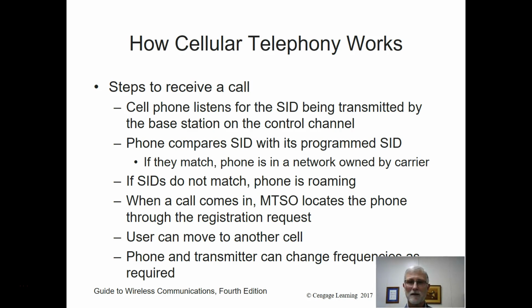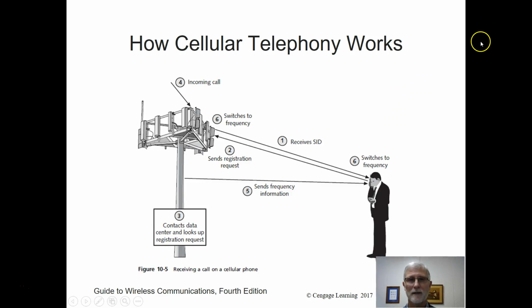It compares your identification with the call that's coming in to make sure you're talking to the right person. Make sure you're on the same network. Oh, okay, I have to determine if it's roaming or not. So when the call comes in, the switch has to locate you through a registration request. So it becomes fairly complicated. You see the picture of the 6 different steps that are used to go through that.